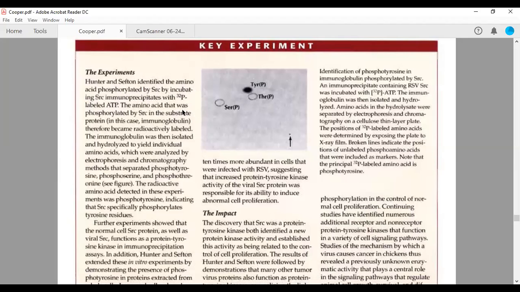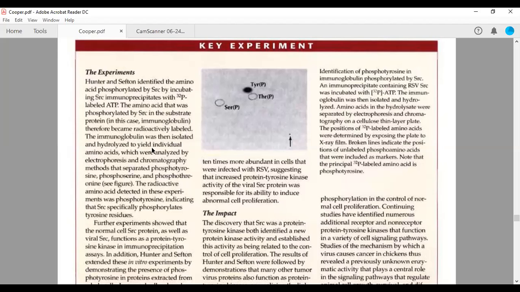The amino acid that was phosphorylated by SRC in the substrate protein, in this case immunoglobulin antibodies, therefore became radioactively labeled with P32. The immunoglobulin was then isolated and hydrolyzed into amino acids. You have studied many ways of hydrolyzing proteins, for example C-terminal sequencing, N-terminal sequencing, and many others.